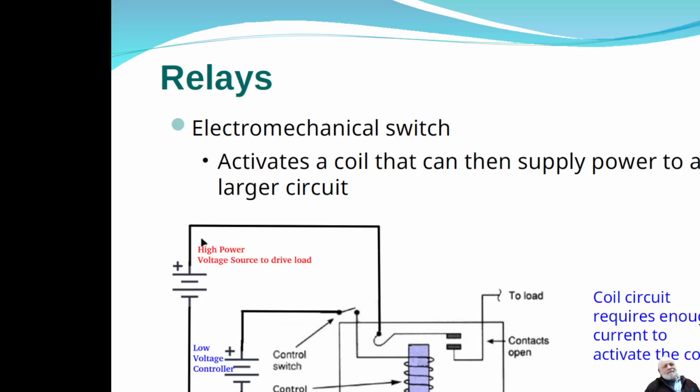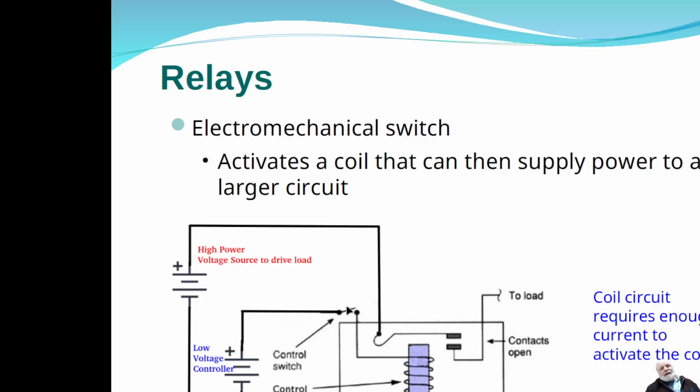This could be literally several hundred volts here. It's a completely separate source, and in this case we're sharing a common ground, but you don't have to even share a common ground there. And so you can have this high power source completely isolated from your controller voltage.